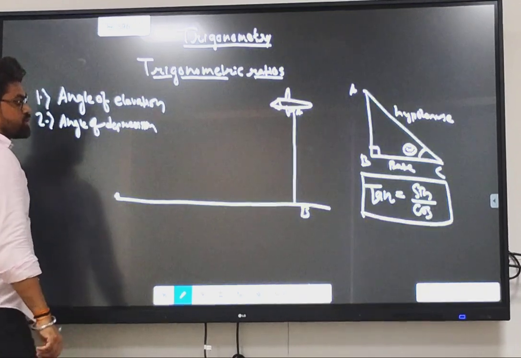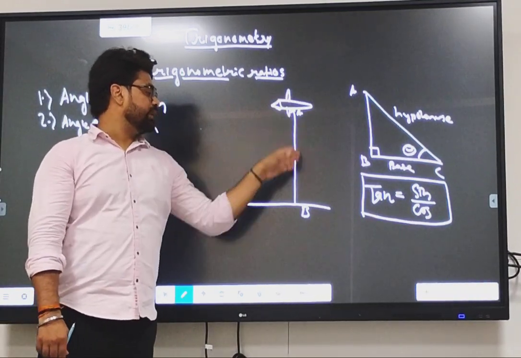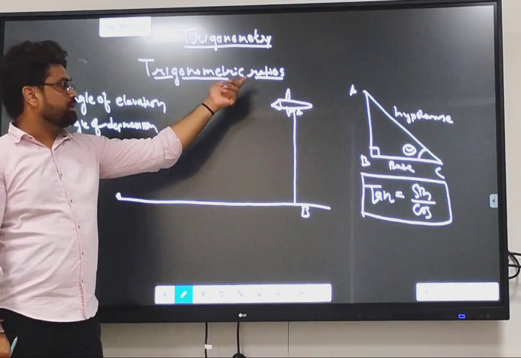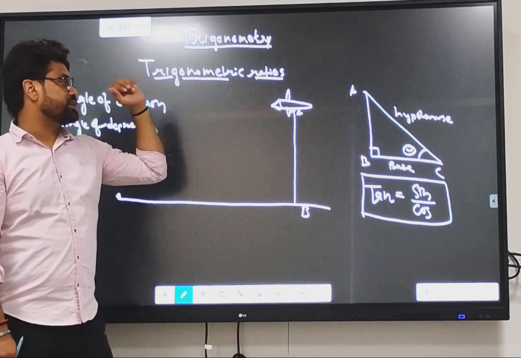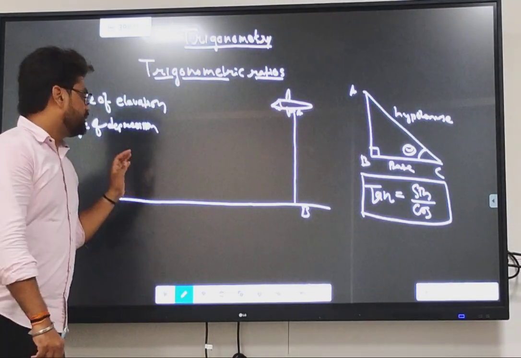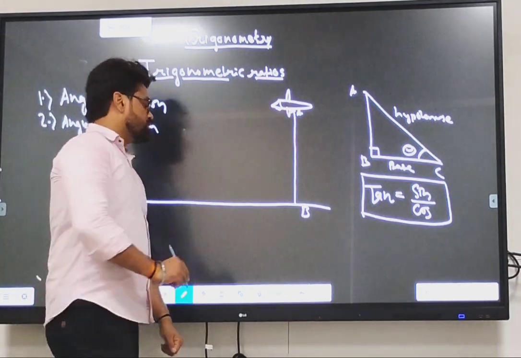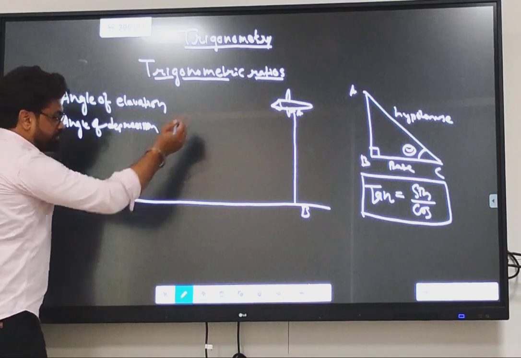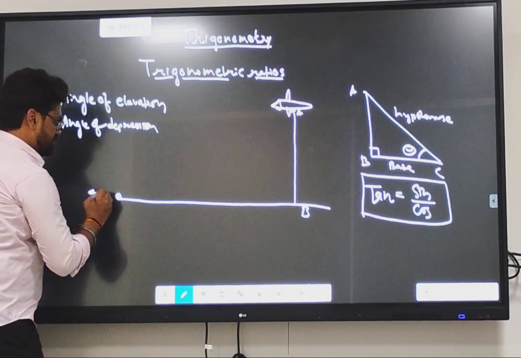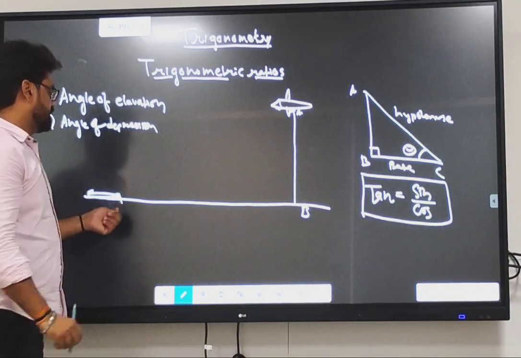What does it mean? So if I have to find the height of this plane, we have to form a triangle first, because we are studying trigonometric ratios, and trigonometric ratios are applied on a right angle triangle. So we have to form a triangle consisting of this length AB. So suppose I am observing this plane from here, and I am just flat on the ground, seeing from this point.